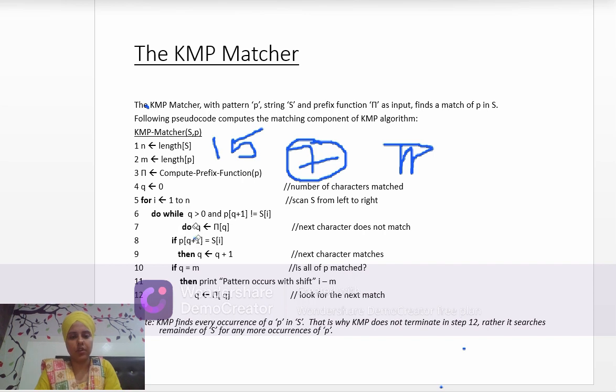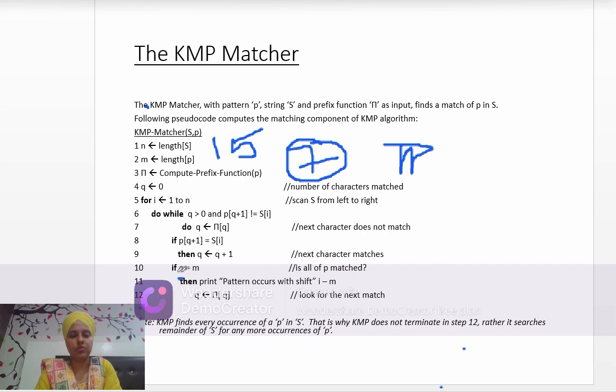So first we check if q plus 1 is equal to s of I. If it doesn't match, we do the backtracking with the help of the prefix function value, that is this one. Now if both are equal, if the string equals the pattern, in that case we keep on incrementing the pattern, right? We want to scan the next character.